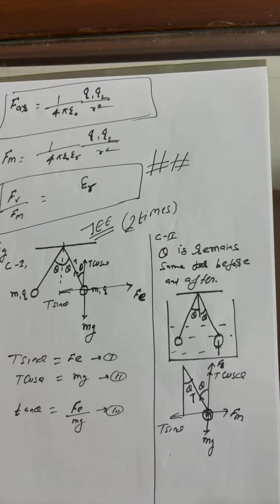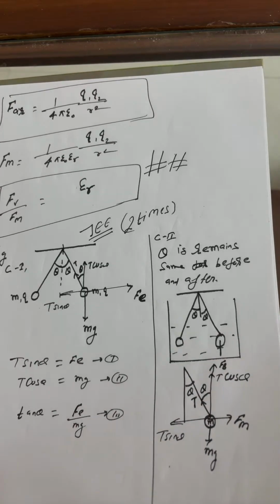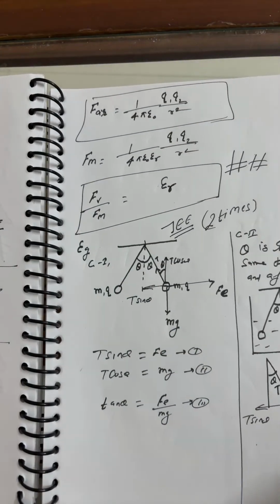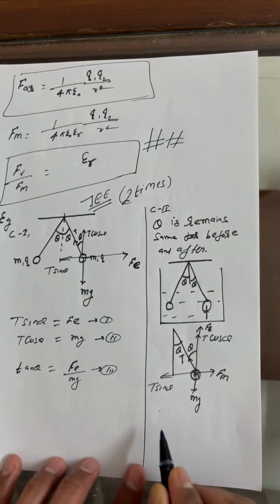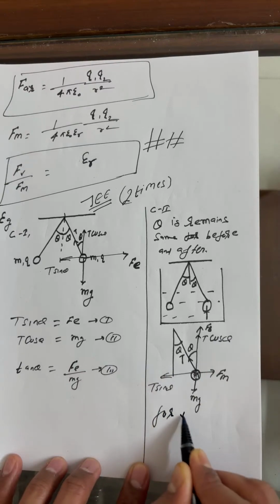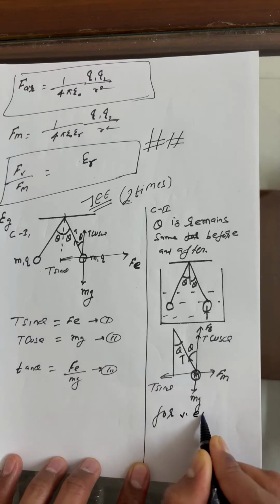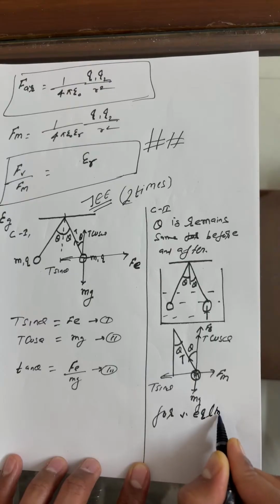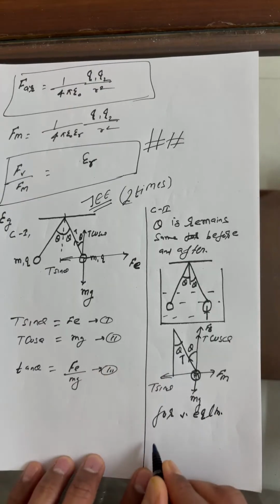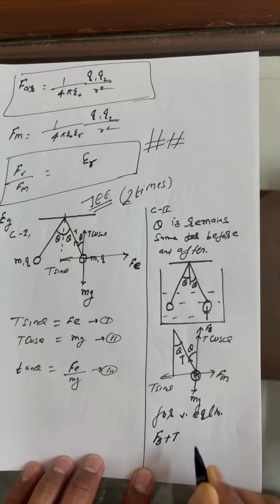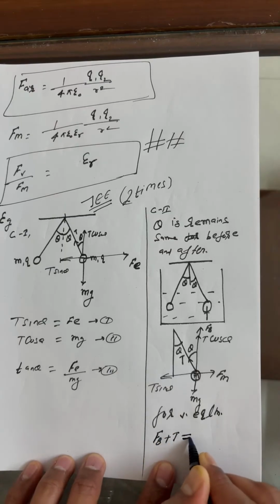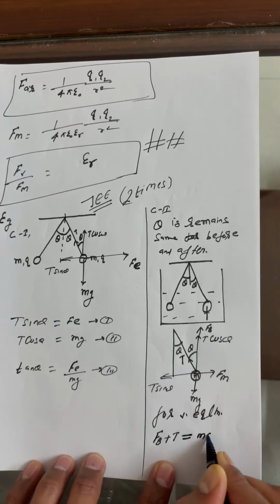If the entire system is in equilibrium, then for vertical equilibrium you can write: buoyancy force plus tension component equals mg force.